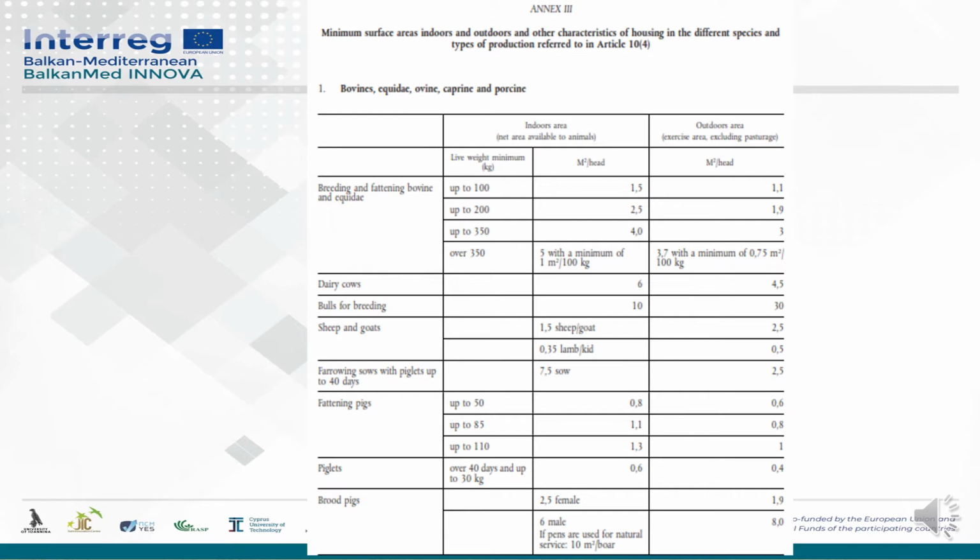You see that it depends mainly on the species, but also on other characteristics such as weight, from which the indoor surface and outdoor surface at their disposal are then fixed according to the regulation.